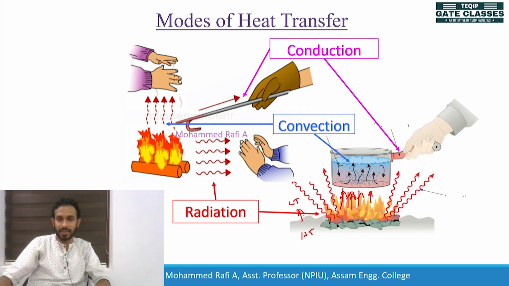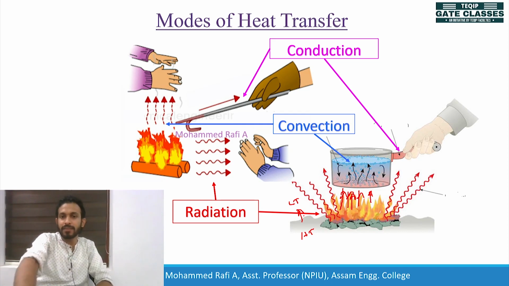In order to understand this, we already know heat will flow from higher temperature to lower temperature, from the second law of thermodynamics. Now, as an engineer, as a scientific person, we are trying to explore more. If you observe closely, you will find that there are different modes of heat transfer.